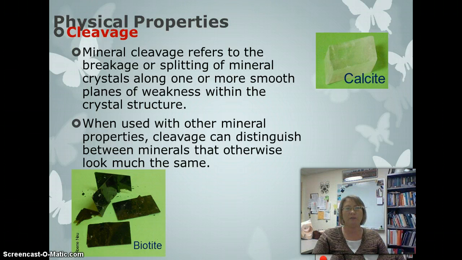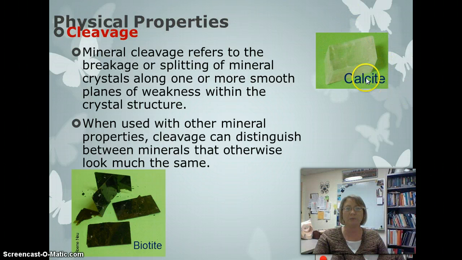If we look up above, we see a calcite crystal again. If you remember previously, we saw that dog-tooth calcite. Well, here is a calcite that has been fractured. When allowed to be fractured or broken, the mineral will actually break along smooth planes that will create a cleavage.